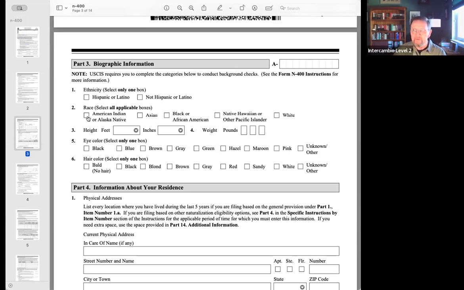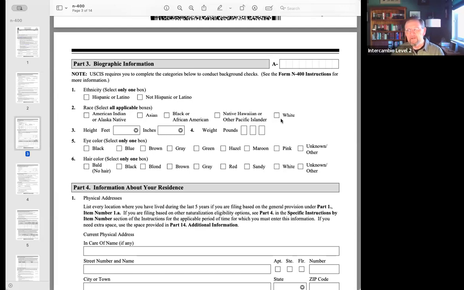So if you are from an Indian tribe in Guatemala or Chiapas, Mexico, you would check this first box. But I will say that this is up to you. What you answer here is what you feel is appropriate for you as your race.